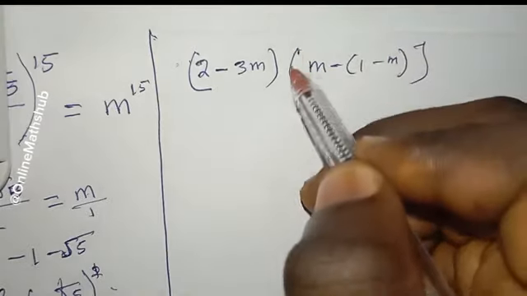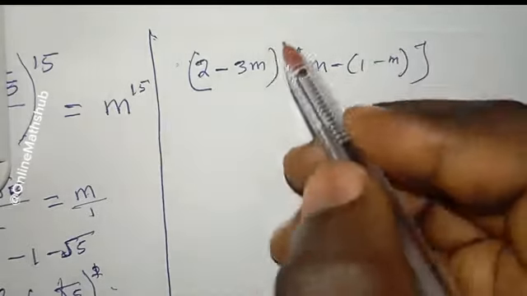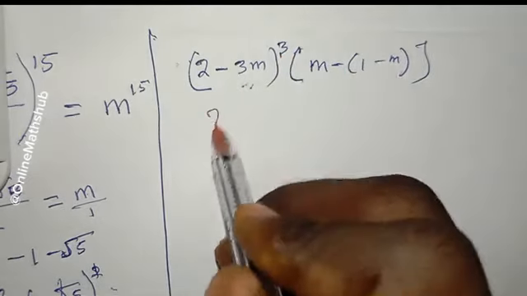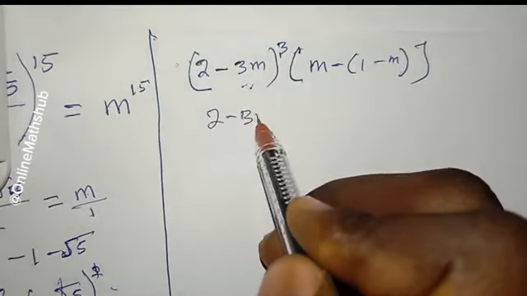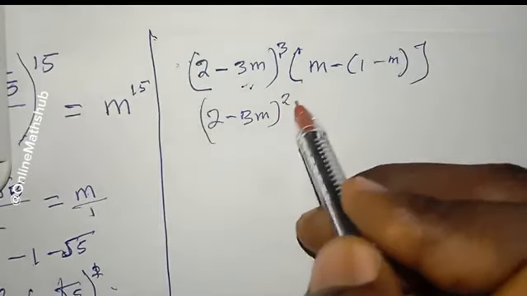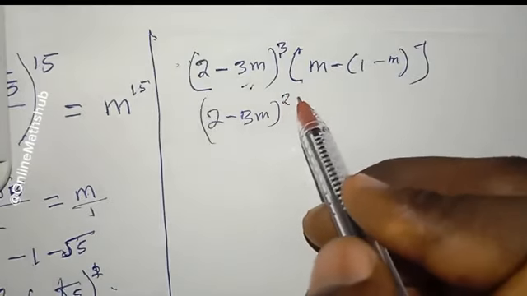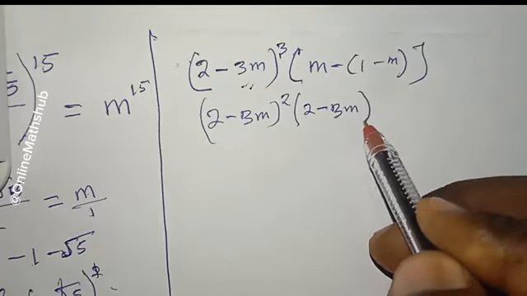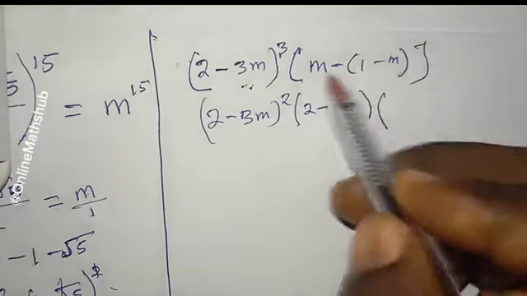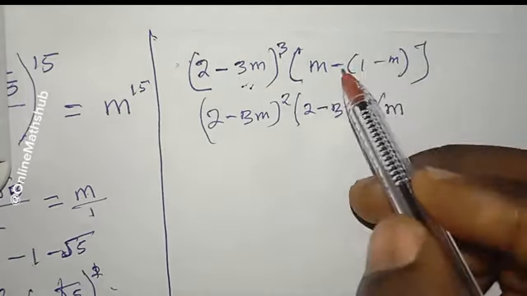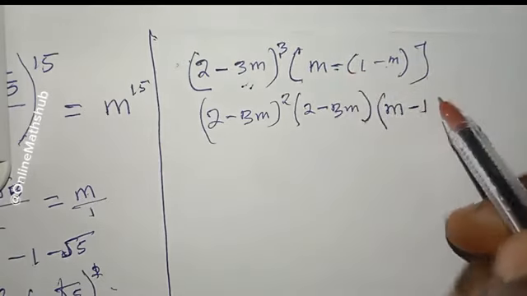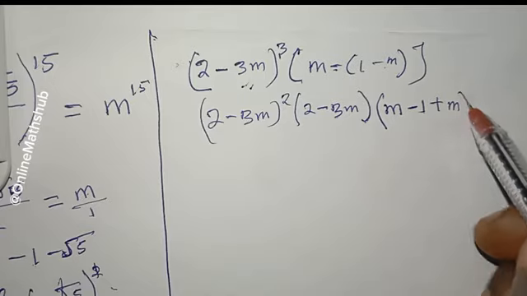Okay, and then what I'm going to do is just to go ahead, and don't forget this is actually power 3. So I can actually write it as 2 minus 3m, okay, power 2, and then multiply by 2 minus 3m. And then for this one, what we have here is m. So when you use this to multiply this, I have minus 1, and then minus times minus is plus.